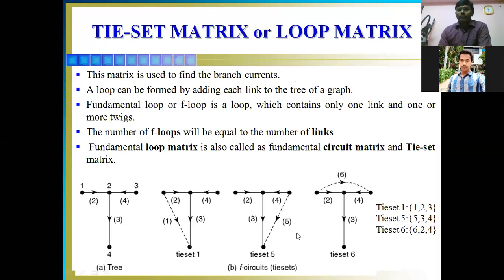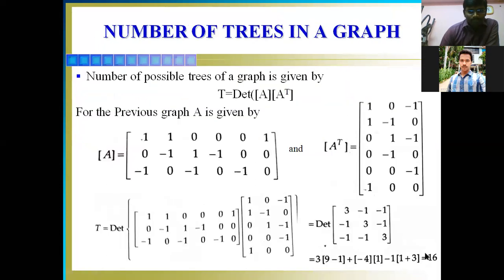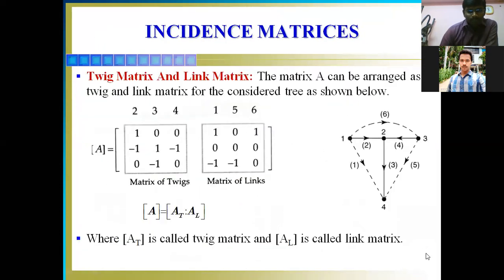Okay. Suppose, see here. Suppose you consider this graph. It is divided into tree and co-tree. This tree consists of 2, 3, 4. And 1, 5, 6 are called links.